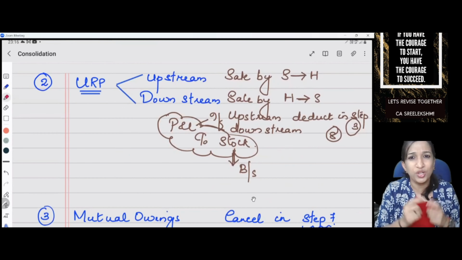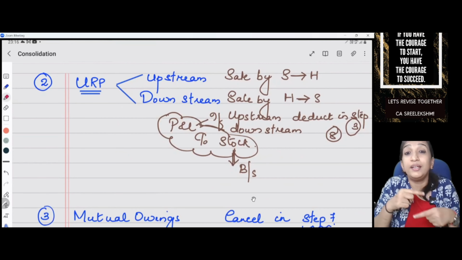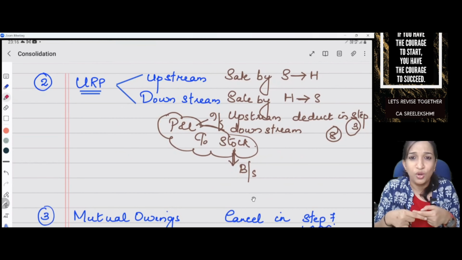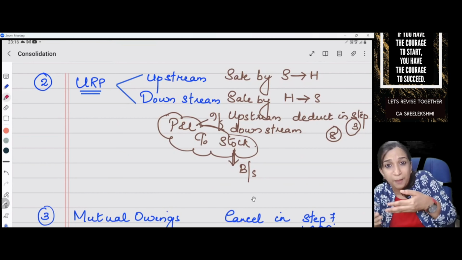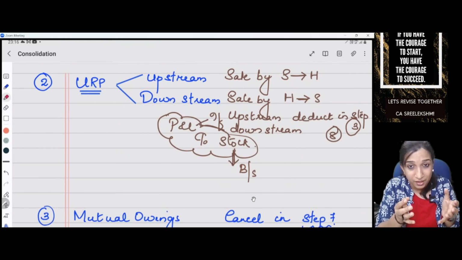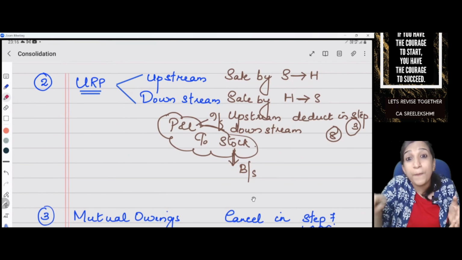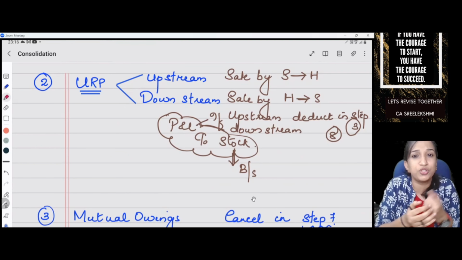Unrealized profit. What is this unrealized profit? It is so common that there can be intercompany transactions. What are intercompany transactions? Subsidiary can sell goods to holding company, or holding company can sell goods to subsidiary company, and what is sold is remaining as closing stock, either in the books of subsidiary or in the books of holding company.